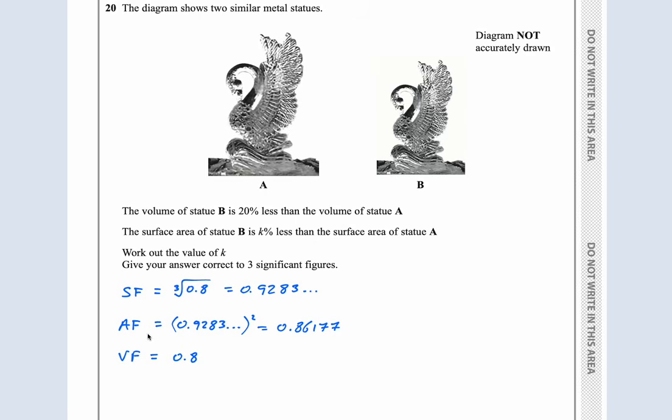Okay, so the area factor is this, which means the surface area of B is 86% of the surface area of A. But he says it's K% less than that. So a bit like how 20% less is 0.8, what percent less is 0.86?